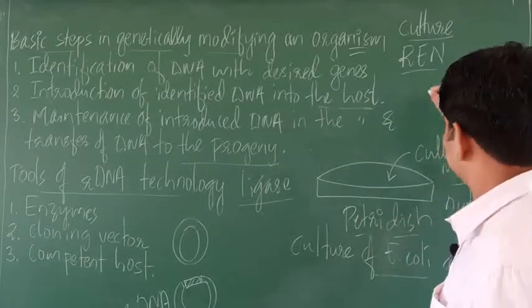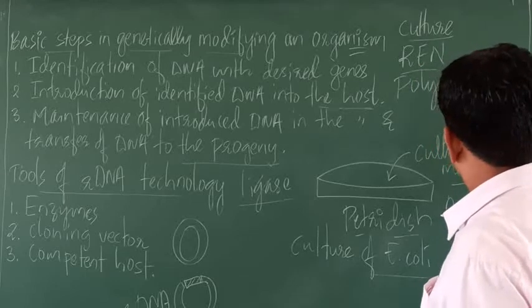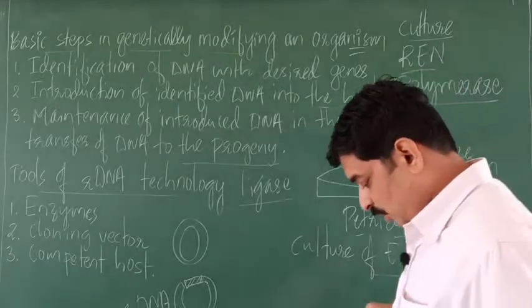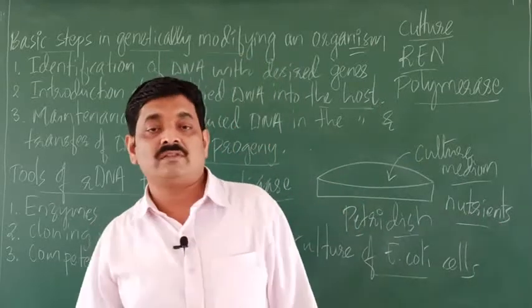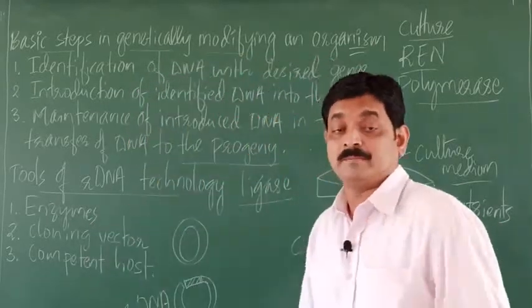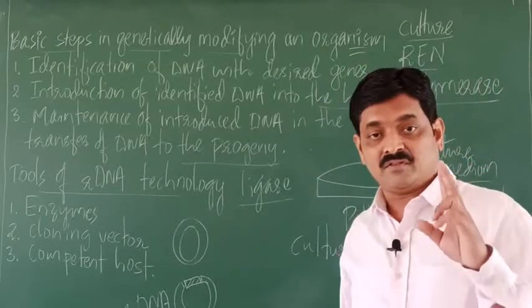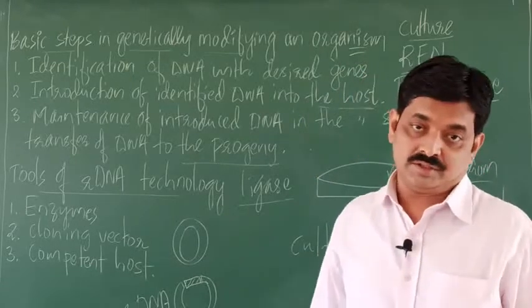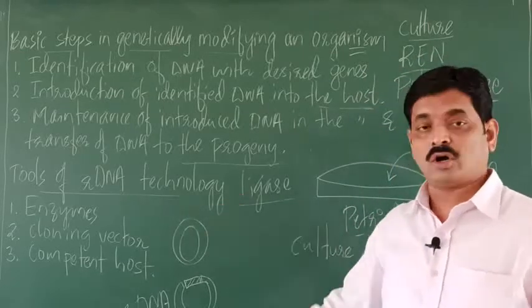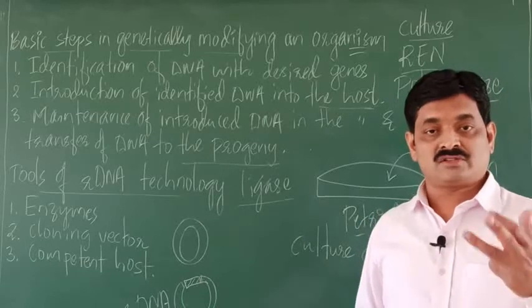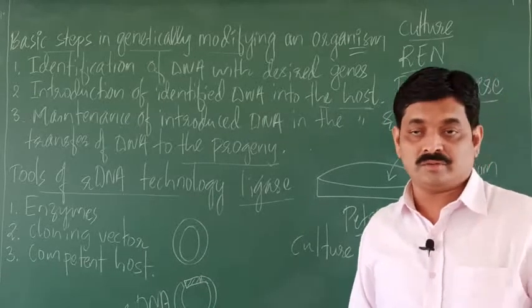Another enzyme is DNA polymerase. DNA polymerase is mainly used in the synthesis of DNA, right? DNA polymerase is an enzyme required for synthesis of DNA. So these are the various enzymes used in recombinant DNA technology: restriction enzymes, DNA ligase and DNA polymerase.